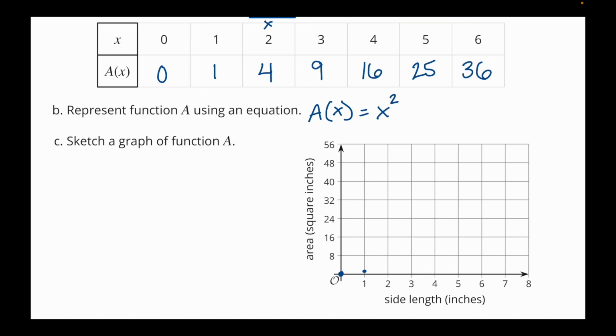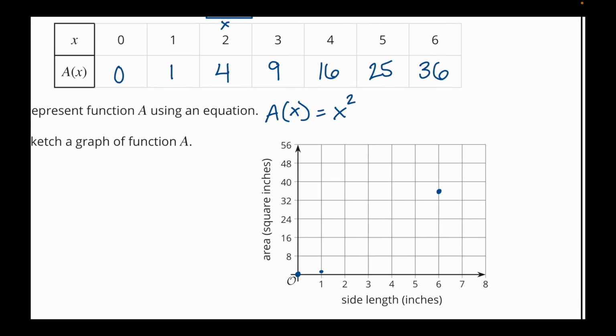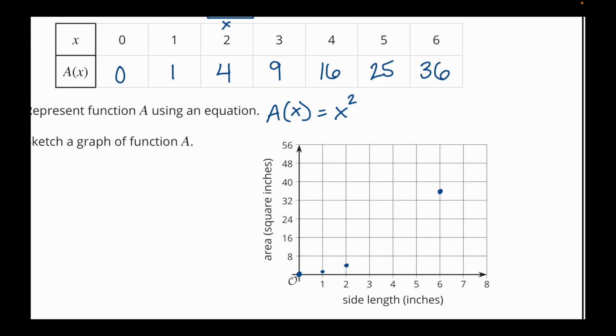So at 6, we can have 36. It should be right in between 32 and 40. So 2 and 2 is 4, which should be halfway here. 3 and 3 is 9, which should be right above. 4 times 4 is 16.